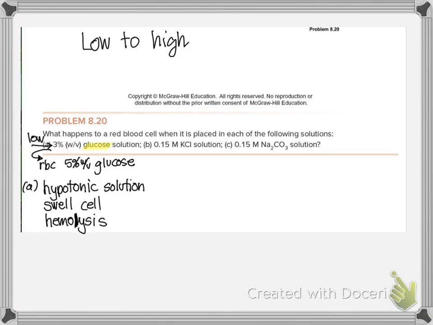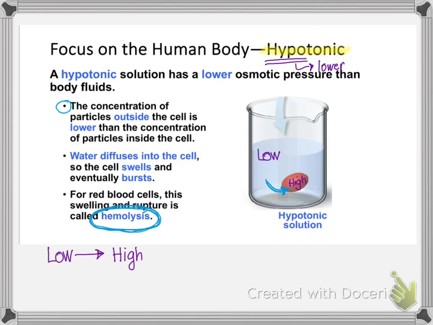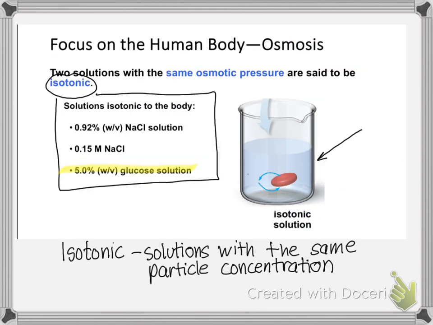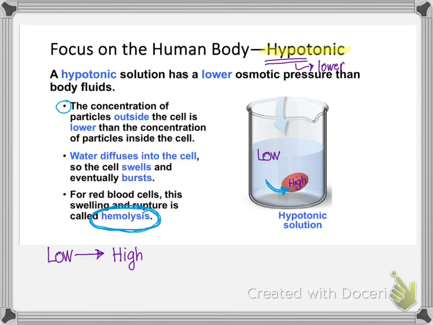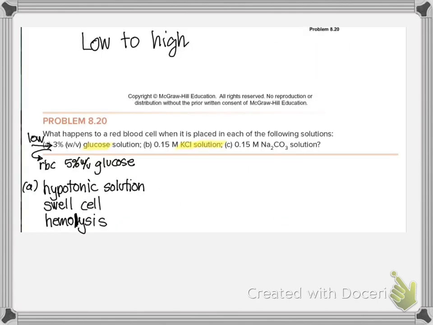Then letter B, I have a KCl solution. KCl is an ionic compound. So let's go back and look at what we have to work with. You don't have to memorize these. They don't give me KCl, and it's molarity.